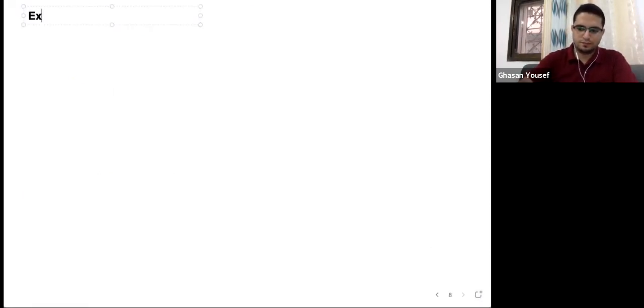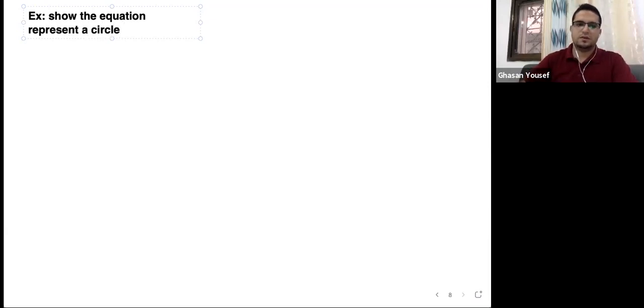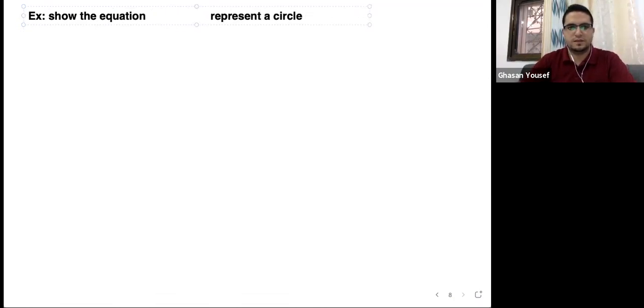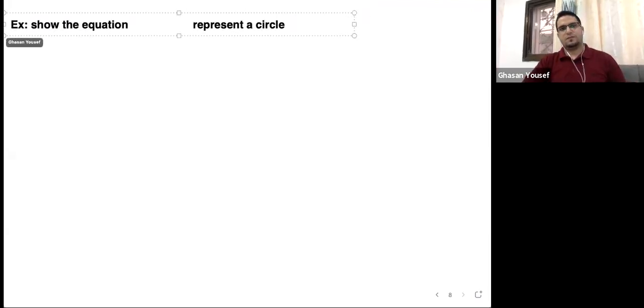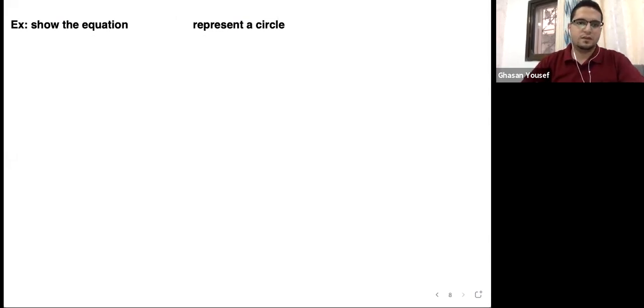Example: show the equation x squared plus y squared represents a circle. So the equation is exactly like this.